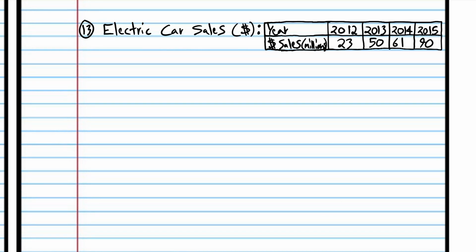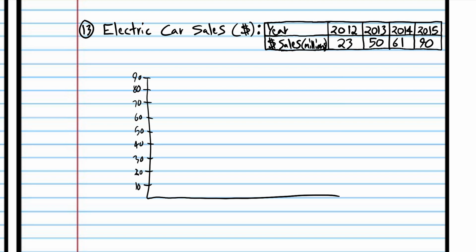All right, we're back. We're going to make a graph here, a line graph. So the sales go up to 90. So let's try 10, 20, 30, 40, 50, 60, 70, 80, 90. So that'll work. And this is in millions of dollars.